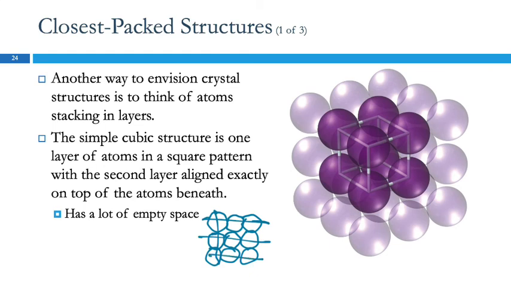That's not the most efficient way to pack spheres together, but that's what they're doing. So the bottom layer looks like that. The next layer is sitting right on top of the first layer. That's actually really hard to do. If you've got ping pong balls or marbles, you can try that at home, because those marbles want to fall into the little indentation caused by the 3 balls below it. So this has a lot of empty space.